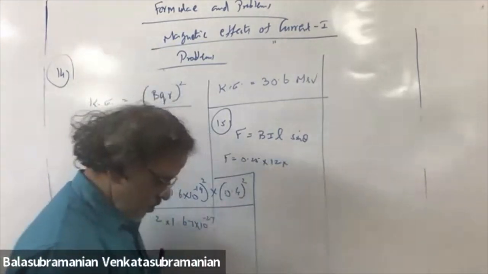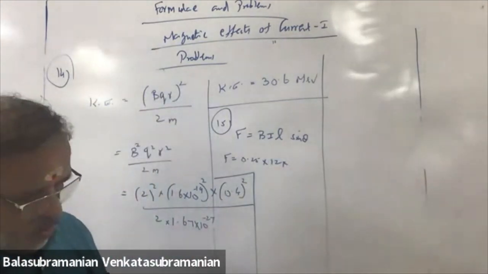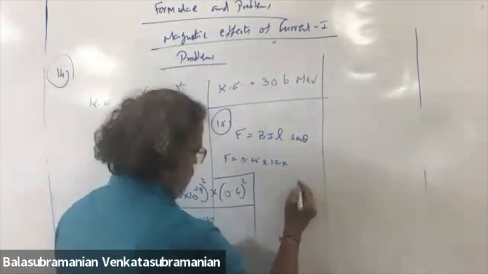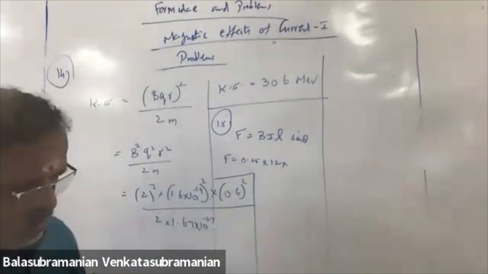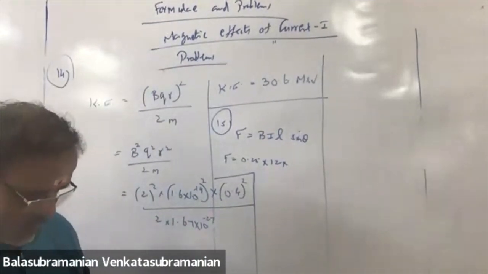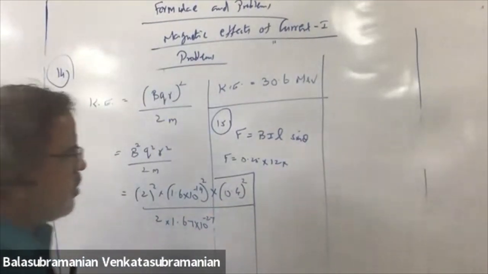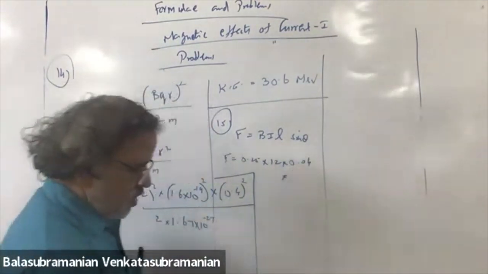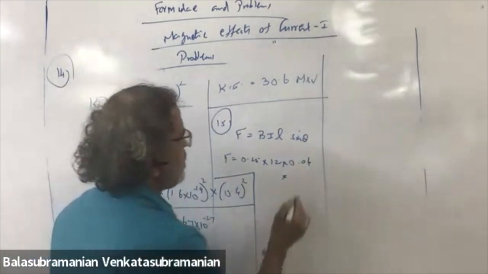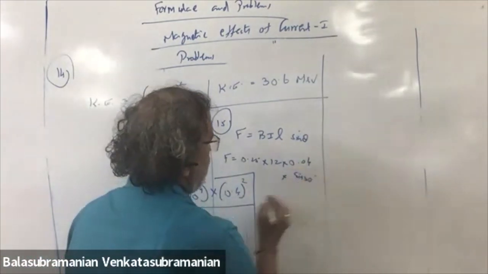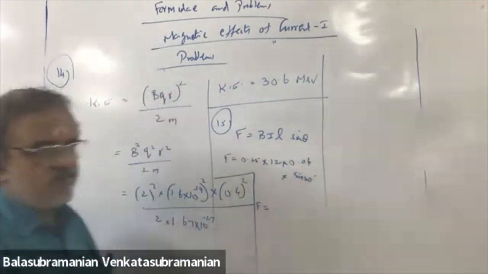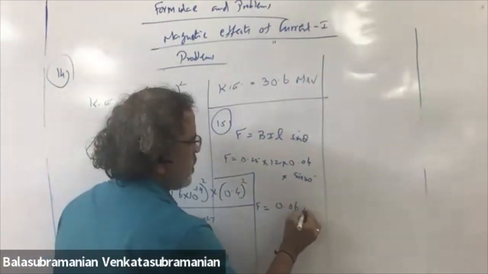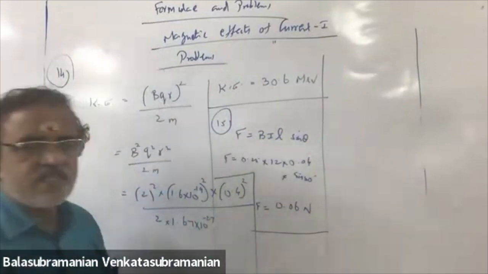Length, the length is given as 0.04 meter, into sin 30 degree. Straight formula. The answer is 0.06 Newton. Straight substitution.